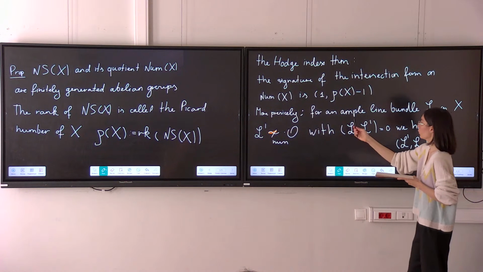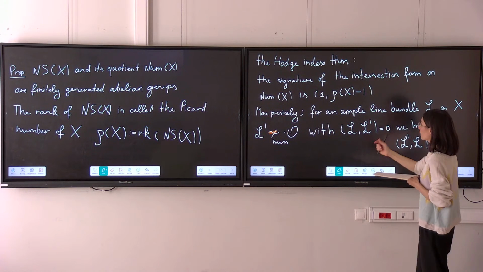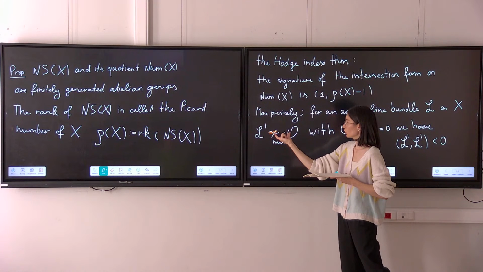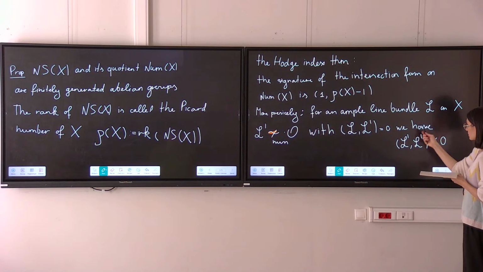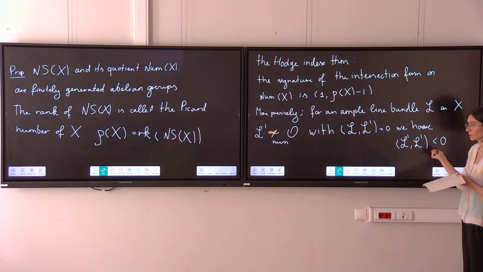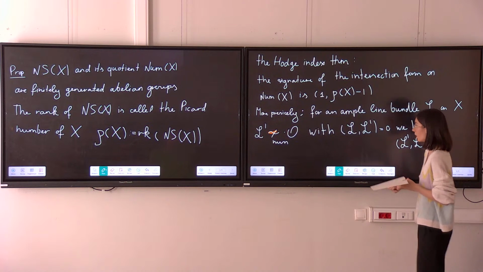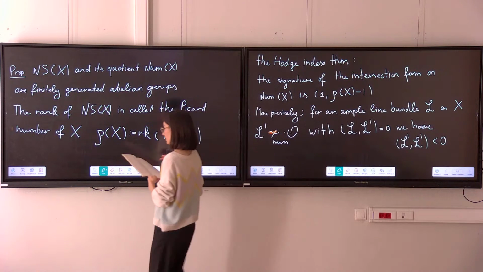Okay, so when we have an ample line bundle L, and a numerically non-trivial line bundle that is orthogonal to L, then its self-intersection is strictly less than 0. Okay, this is the statement.